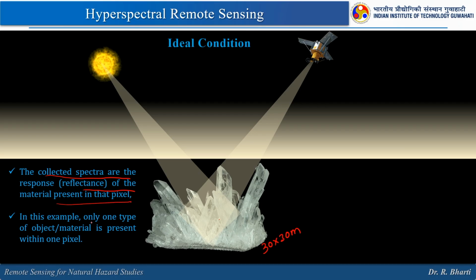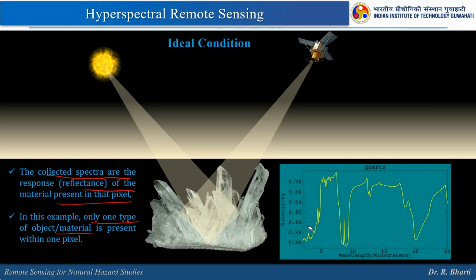In this example, I have used only one type of object of material within the field of view of this particular sensor, right. So, in such situation it is very easy, you will get only a spectra which is representing quartz, right.